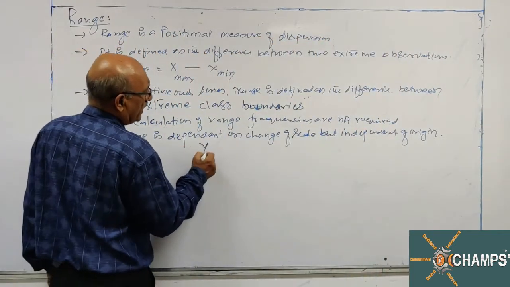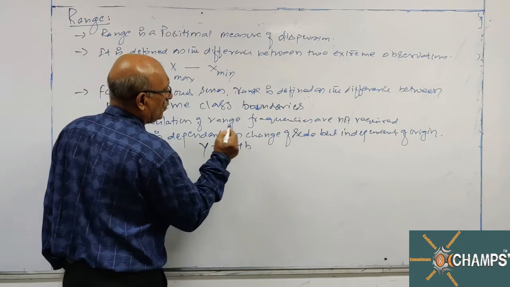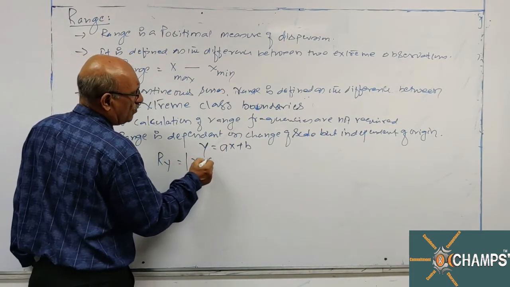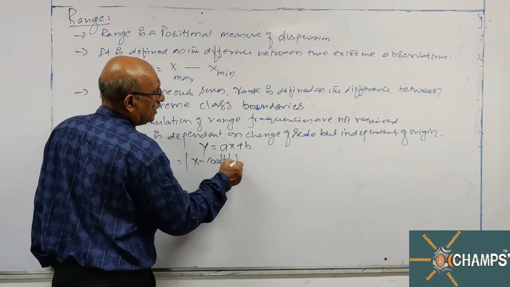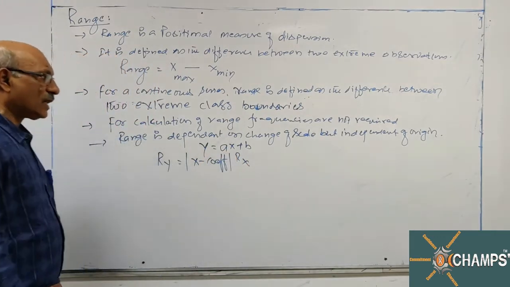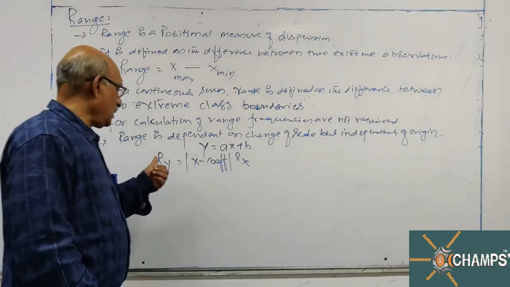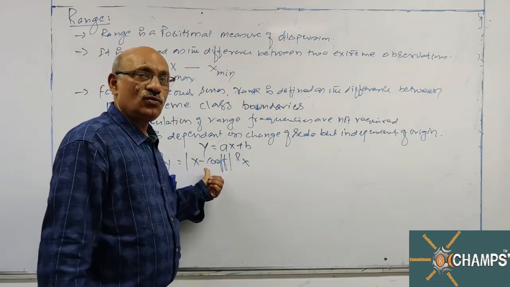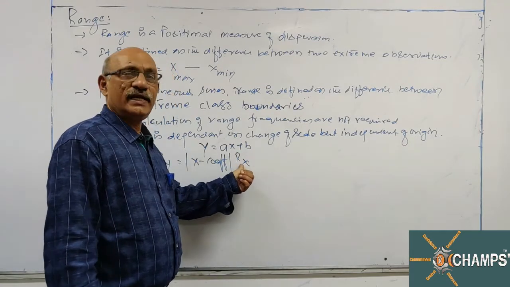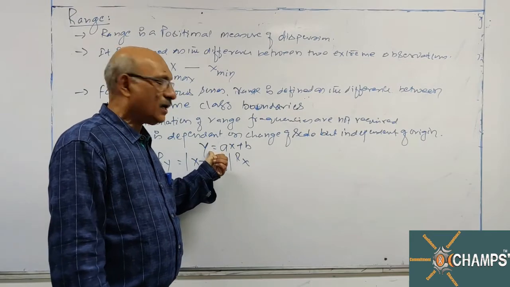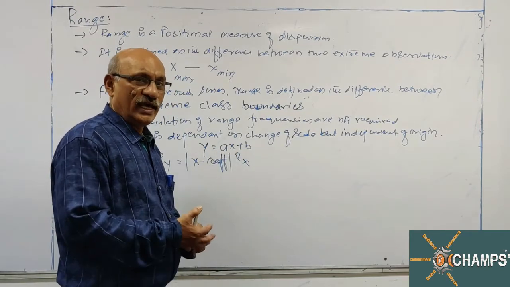It means when two variables x and y are related by y is equal to ax plus b, range of the variable y is equal to modulus of the coefficient of x into range of x.